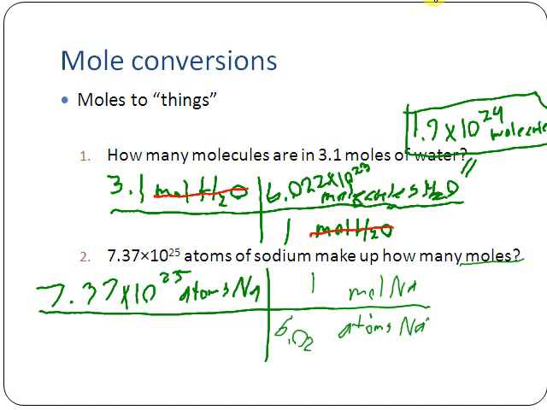So 6.022 times 10 to the 23rd atoms in 1 mole. Look at our units. Atoms of sodium is going to cancel off. The only thing that we have left is moles of sodium, which is what we want. So we can get out our calculators again. 7.37 times 10 to the 25th power times 1 divided by 6.022 times 10 to the 23rd.